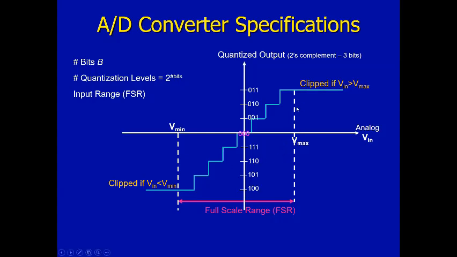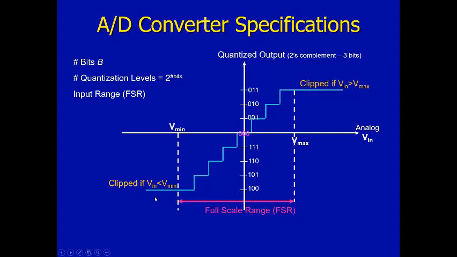If I put in a voltage that's above Vmax, the upper end of the full scale range, I can't change my digital output. I can't make it any bigger than the maximum value. So usually my A to D converter will just give you the top value for any voltage that exceeds the upper range, and so we get some clipping in the output. We can't go above the maximum, and so if our input exceeds it, we won't see that.